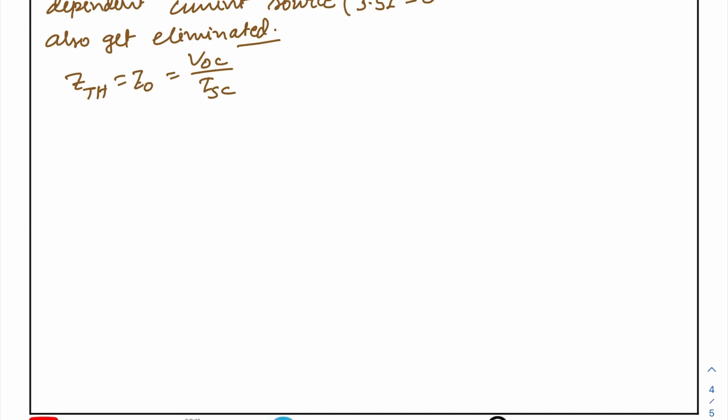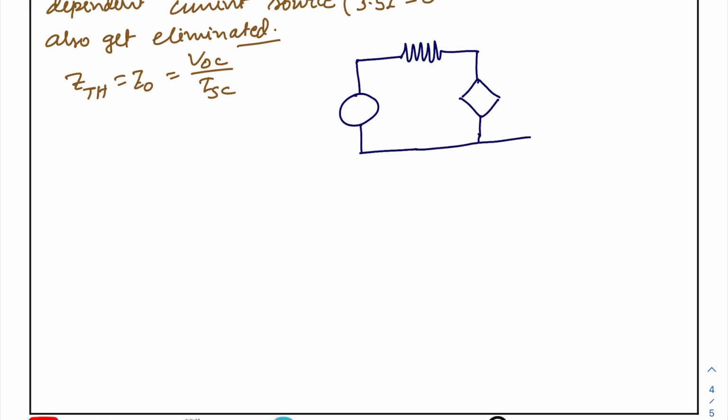So we are going to redraw the circuit. This circuit will be like this. There is one voltage source already there, there is one resistance like this, there is one current source like this, and there is one parallel resistance like this, and there is the AB terminal.